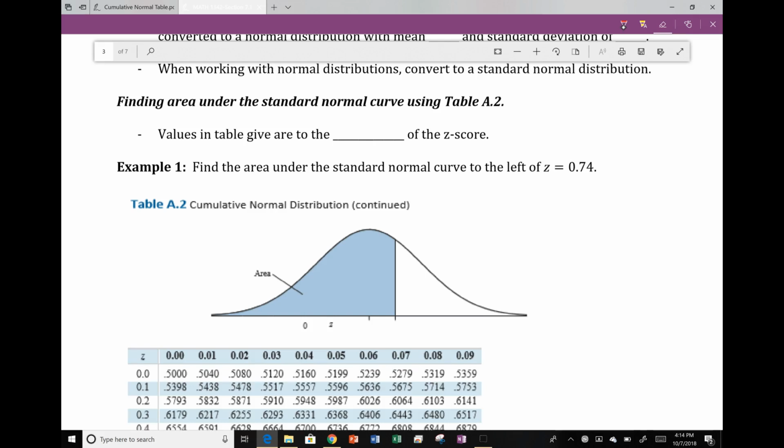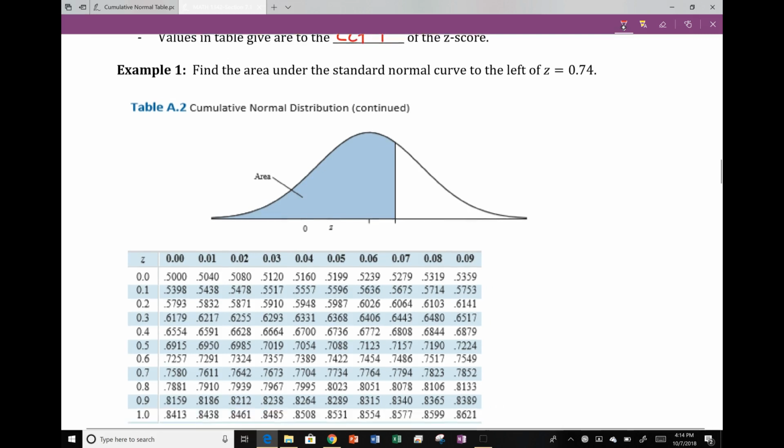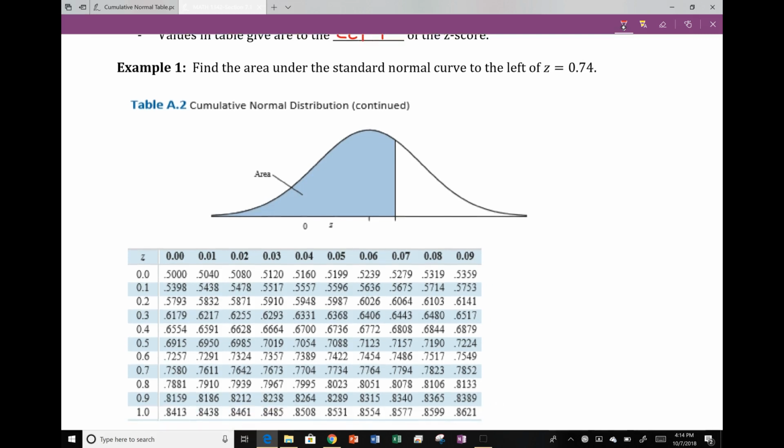So let's look at an example. Again, the values in the table are to the left of our z-score. We want to find the area under the standard normal curve to the left of z equals 0.74. So this is looking at the probability that z is less than 0.74. Since this is positive, I would go to the positive z-scores.